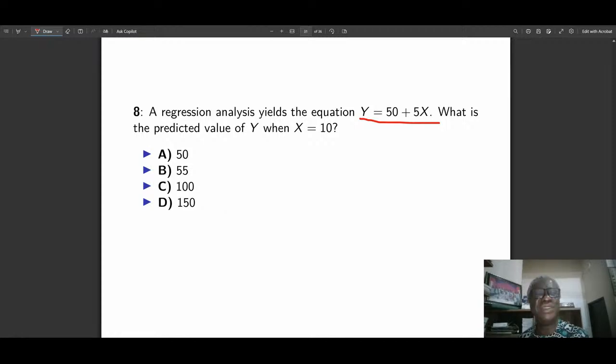Question 8. Great. So if you are given the intercept and the coefficient, the slope, then you can always calculate the predicted value.